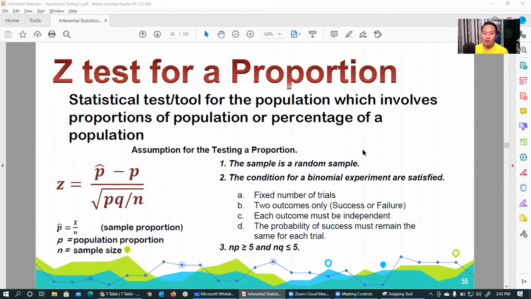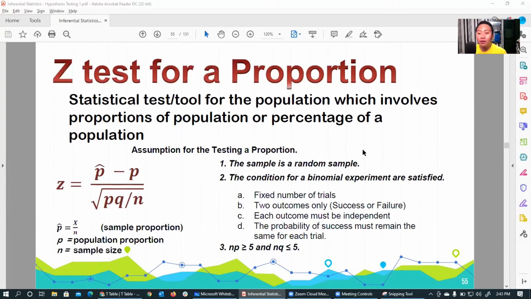So here, assume for testing a proportion that the sample is a random sample and the conditions for a binomial experiment are satisfied. These are the qualifiers. First, a fixed number of trials, meaning not infinite; you have a specific number of trials. Second, two outcomes only, either yes or no, or success or failure.